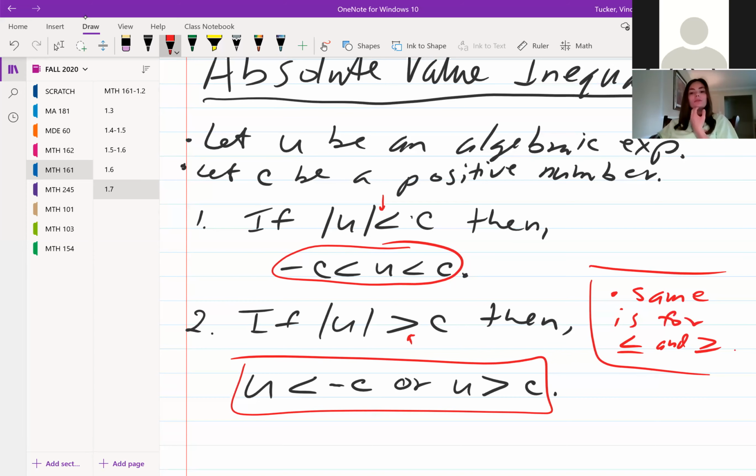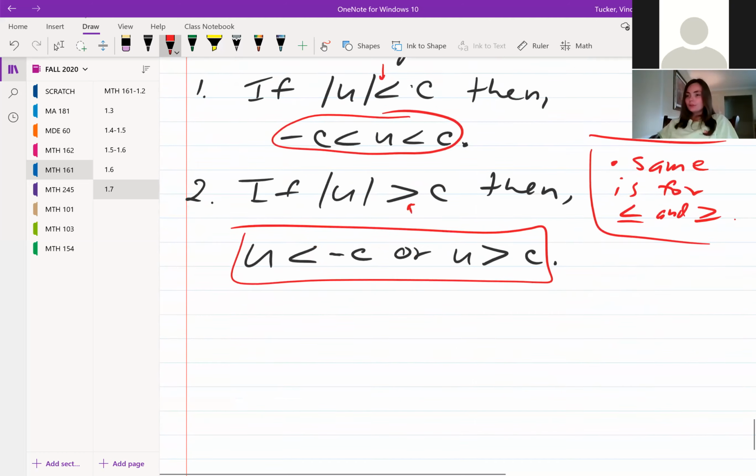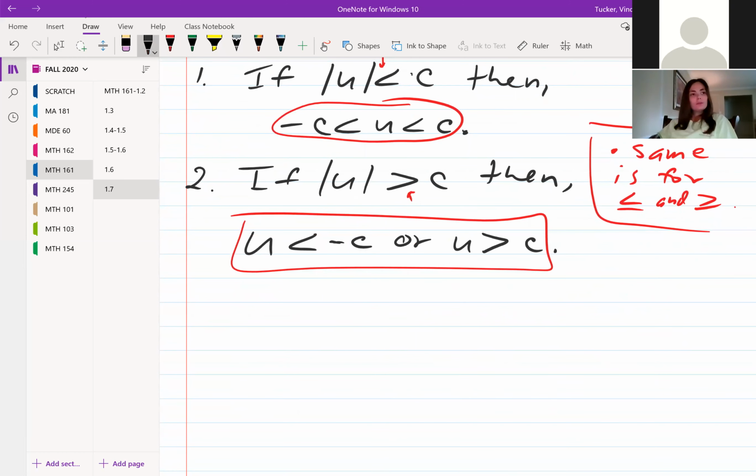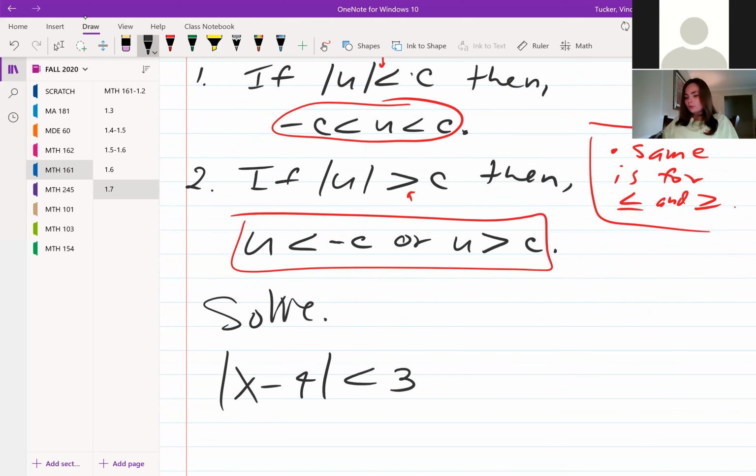All right, so let's try it out. The absolute value of x minus 4 is less than 3.